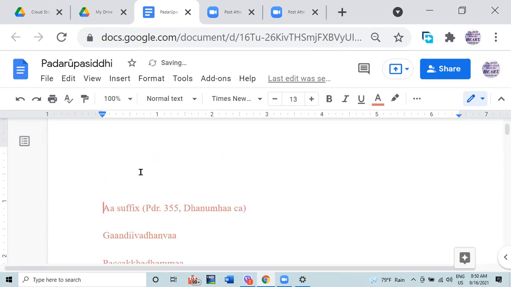We will go back to asapis. Padarūpasiddhi Sutta, Pachi samasana gadana makarando.